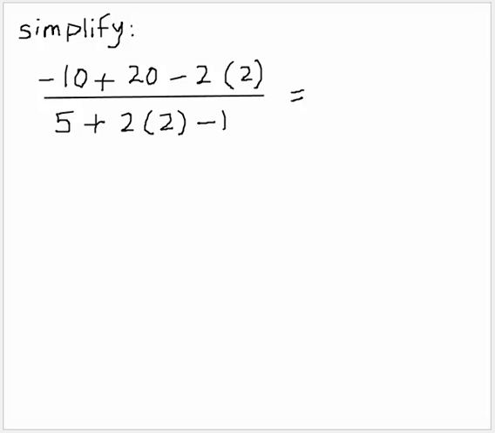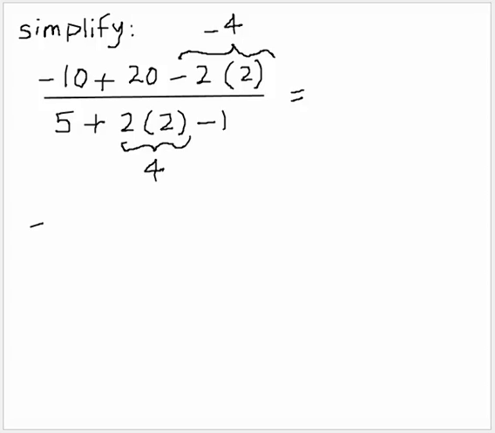Order of operations, we go from left to right. We multiply first. So here we have minus 2 times 2, that gives me minus 4. And then here 2 times 2 would be 4.